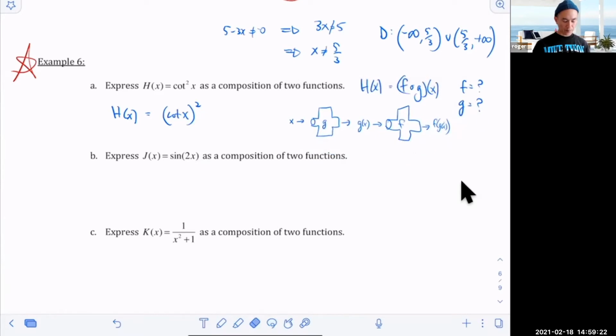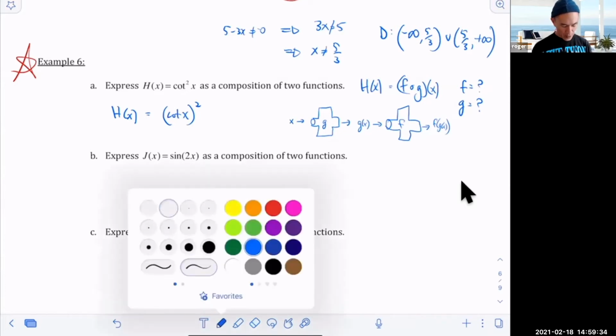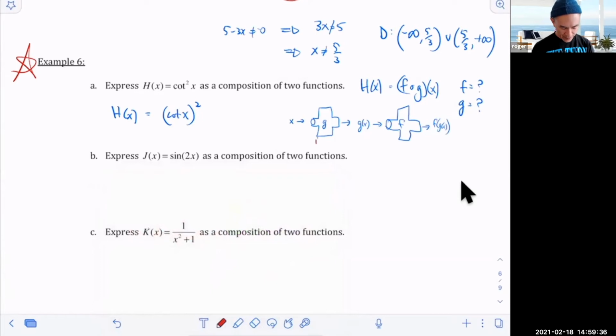So when we're dealing with this composition of two functions, we need to see one function living inside of another function. So I'm calling G the inside function, and I'm calling F the outside function.